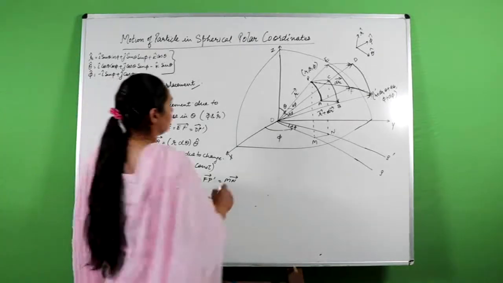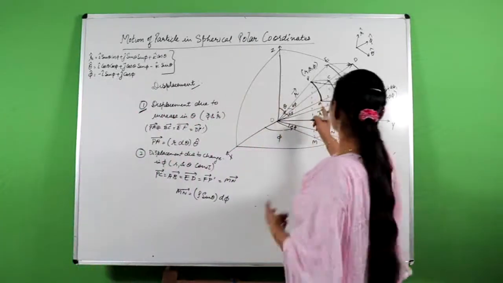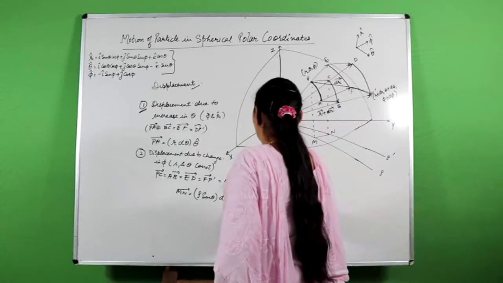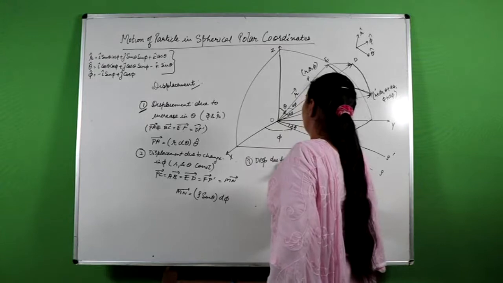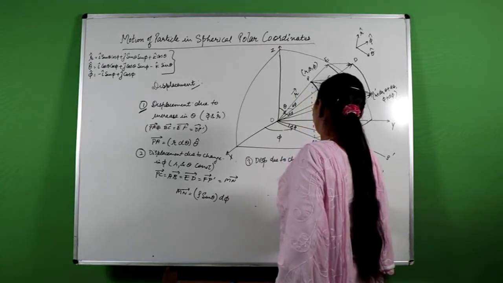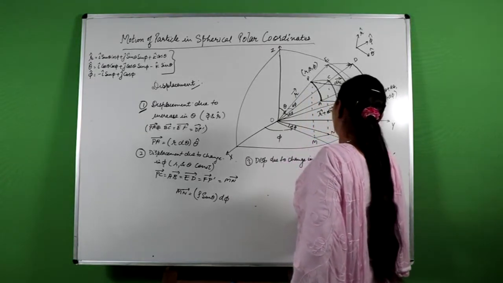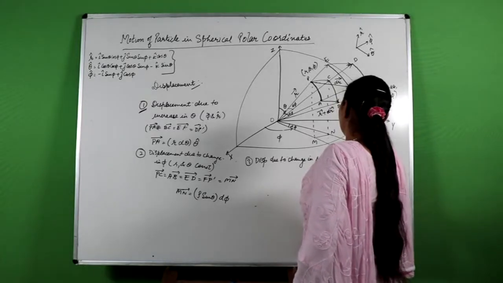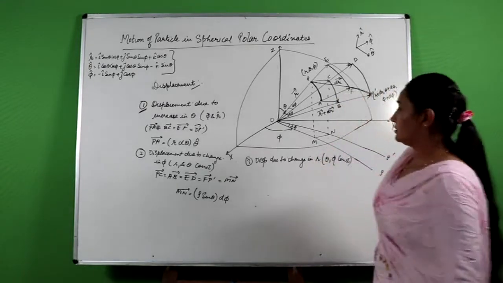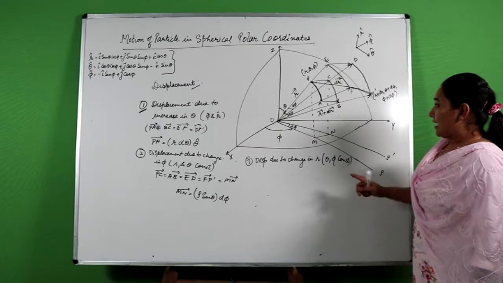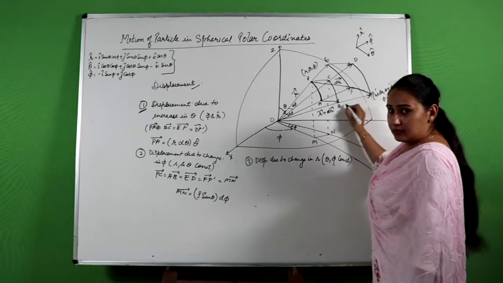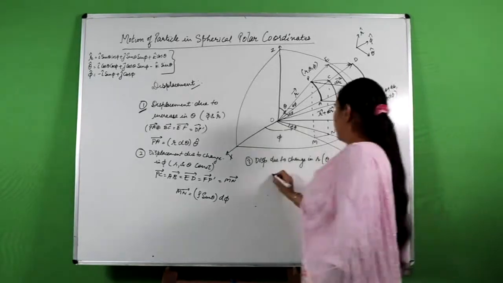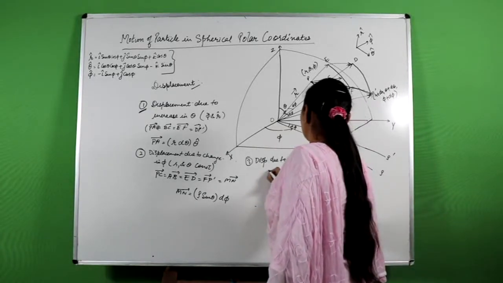Now my third one is displacement due to change in r when your theta and phi, they both are constant. So since r is changing, it means this is the line, this is the displacement, that is BP dash.